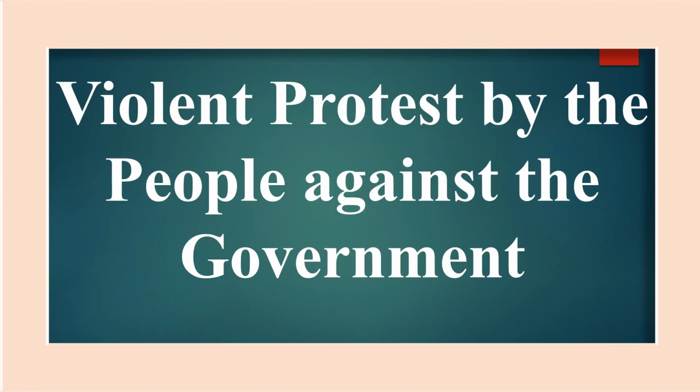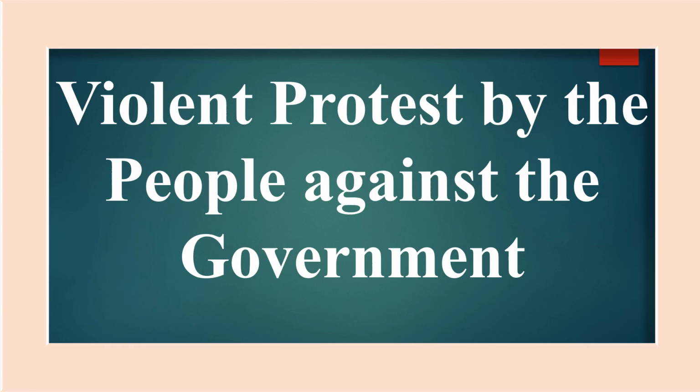The first one is violent protest by the people against the government. Normally, people take recourse to violence when all the constitutional means available to them fail. The violent protest of the people assumes different forms.